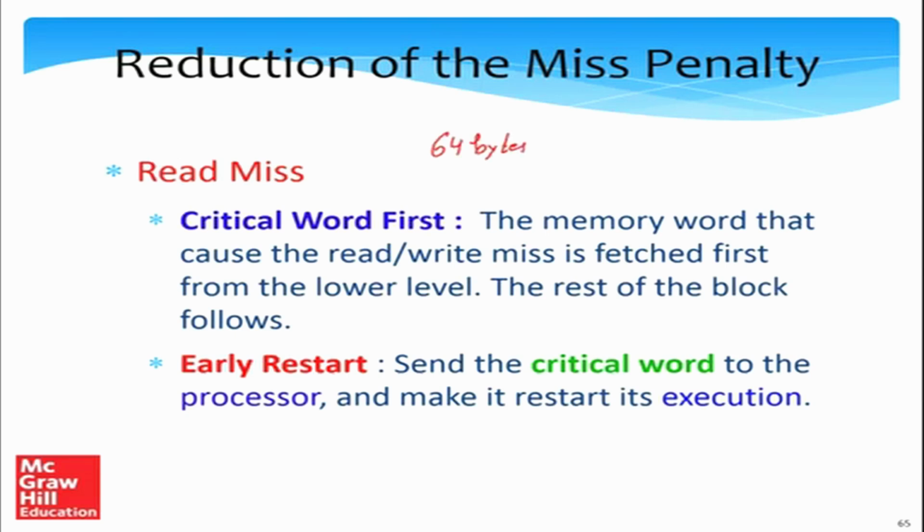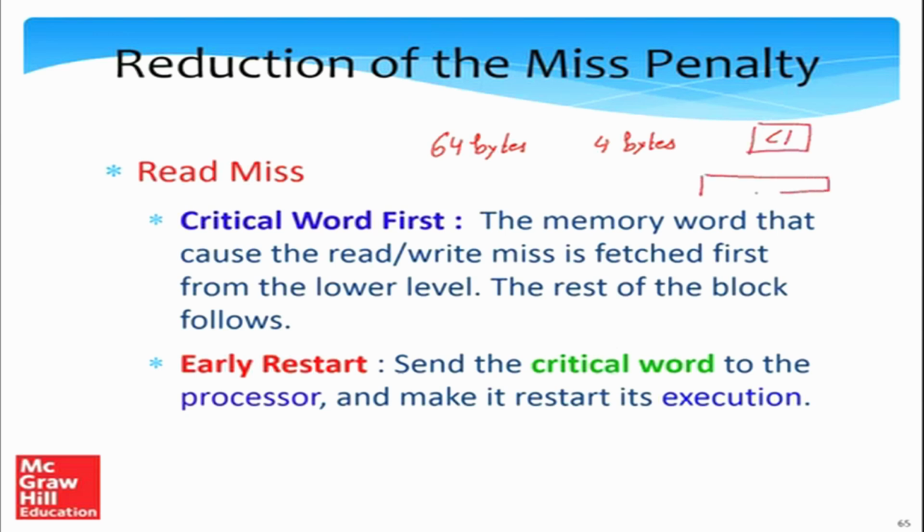But when we read an integer, that might only be 4 bytes. So if we wanted to read an integer and we didn't find it in the L1 cache, we would only be interested in 4 bytes. Even though the entire block needs to be fetched as an atom, as an indivisible unit, we are primarily interested in 4 bytes. So what we can do is slightly tweak the system here.